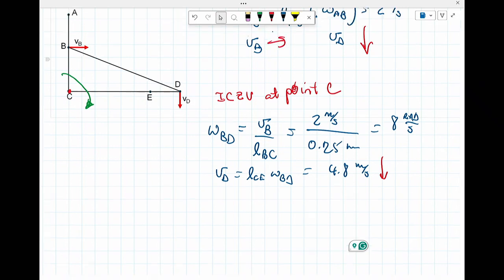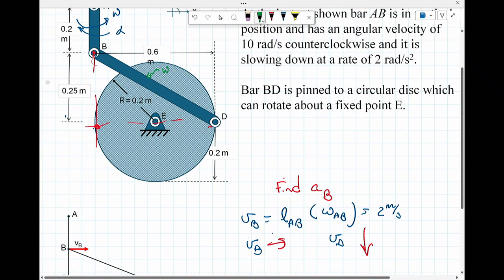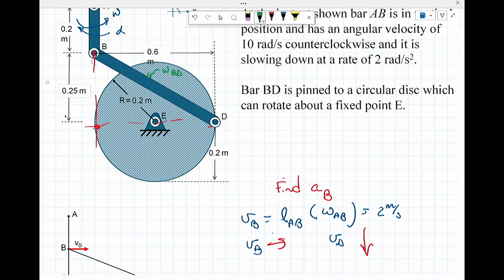All right. So velocity of D, so now I have omega of BD. I need to know omega of DE. Omega of DE has to have the same linear velocity at that point.